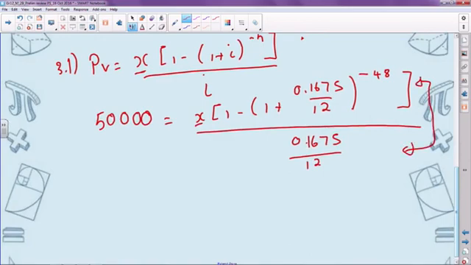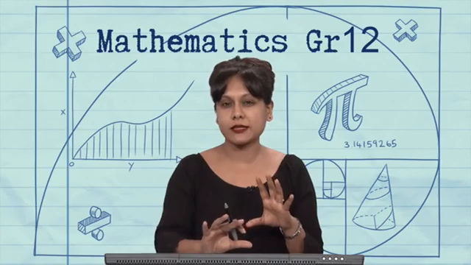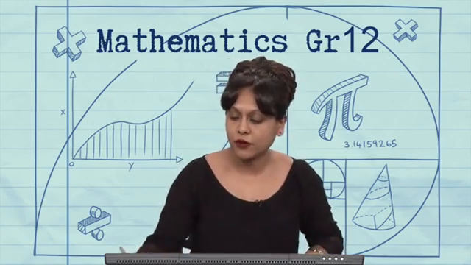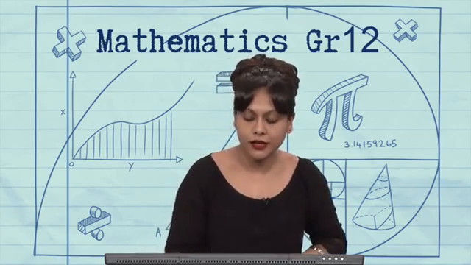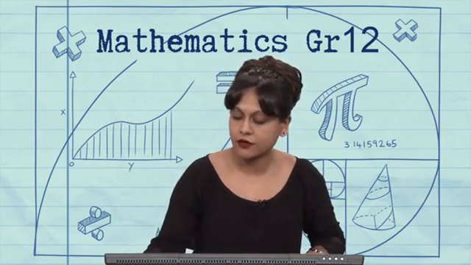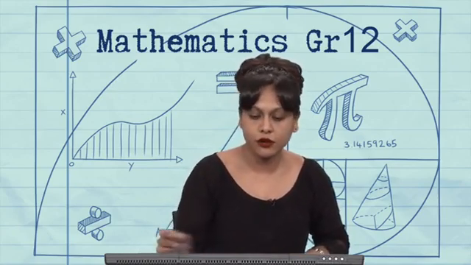Really, at this stage, you should be doing all of this on your scientific calculator. You don't want to be working through this question in parts. So what you want to do is take 50,000 and divide by everything on the right-hand side so that you can get your value for X. I'm not going to focus on calculator work because at this stage of the year, I'm assuming that all of you know how to do that.